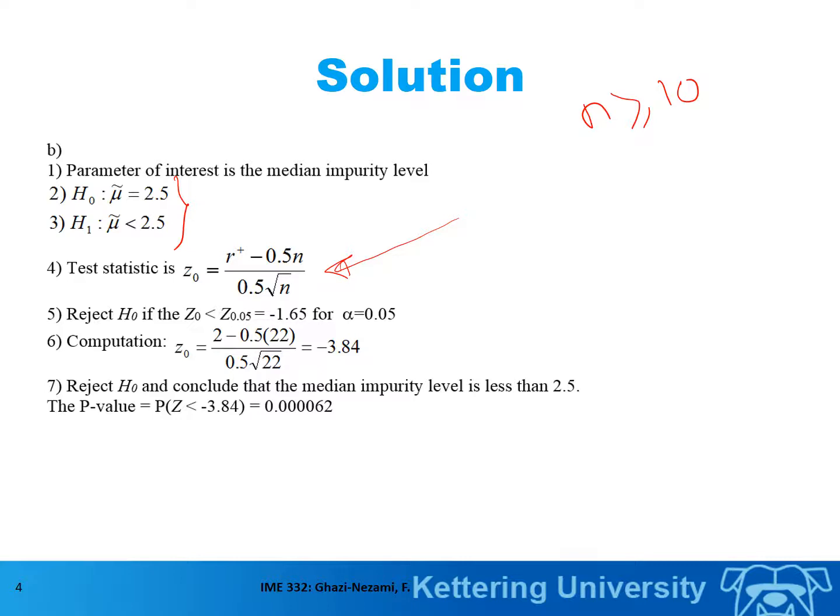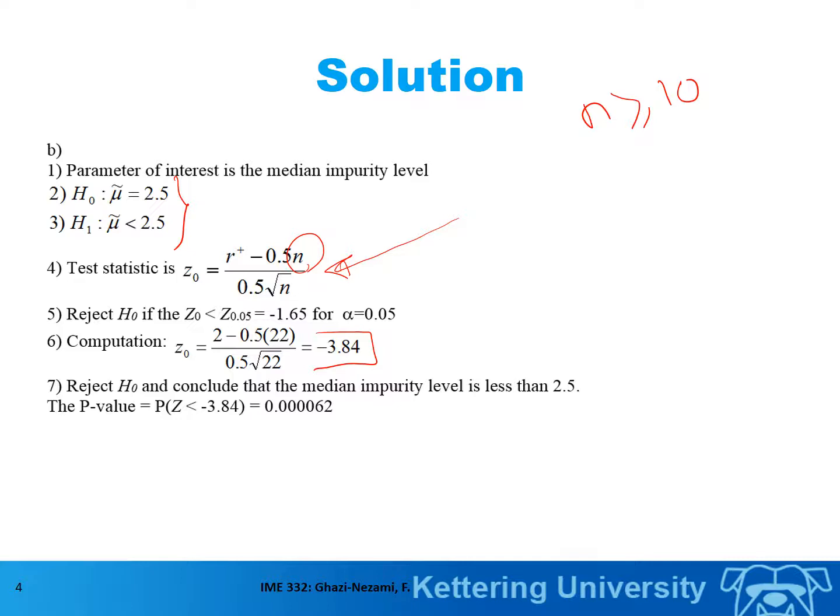Be careful when you are using the normal approximation. The value of n that you have over here will be the actual number of observations, which was 22 over here, not 20. Okay, be careful. And in the denominator, we have 0.5 times the square root of 22. As a result, the value for your test statistic is negative 3.84.